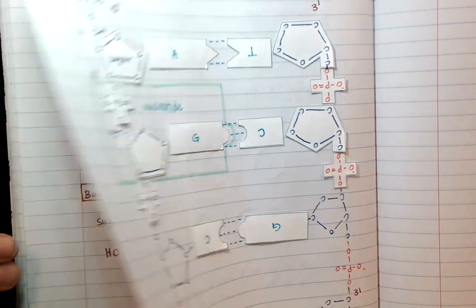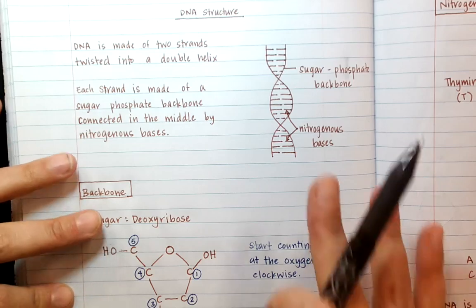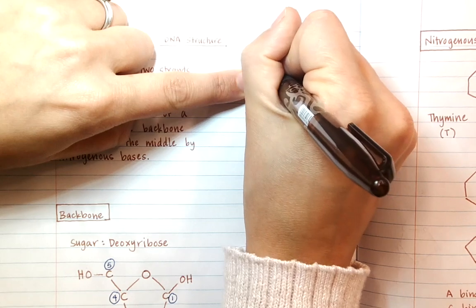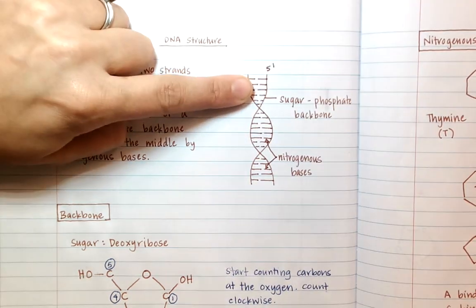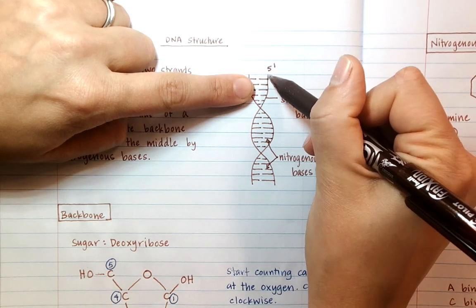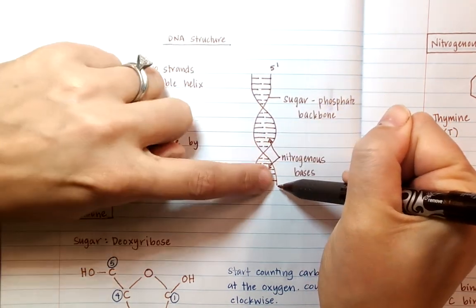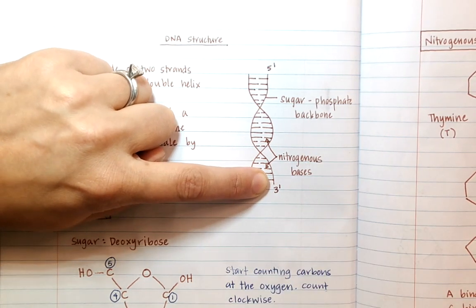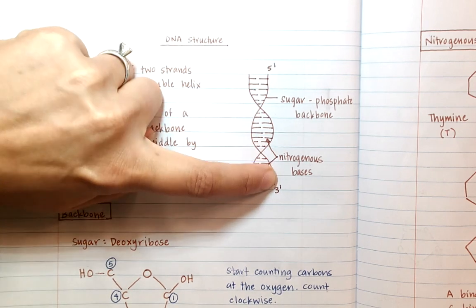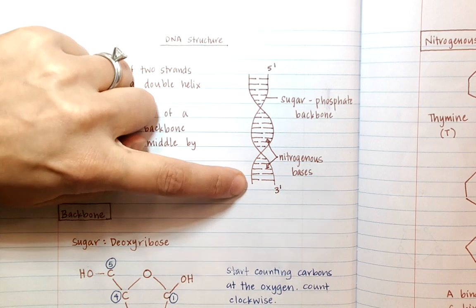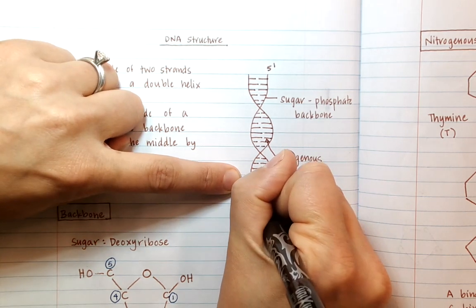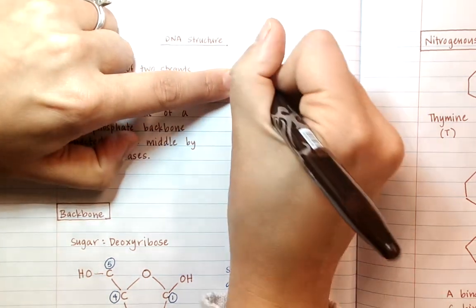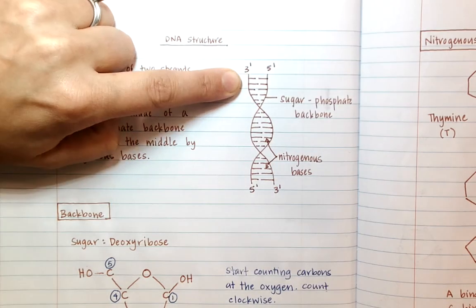So I'm going to go back to my first model. If I label this strand right here and say that this is the 5' end, then as I go down to the bottom end, this must be the 3' end, because it always goes from 5 to 3. Now on the other strand, I know it's going to go in the other direction, which means this must be the 5' end, and if I follow it out, that means this end must be the 3' end.